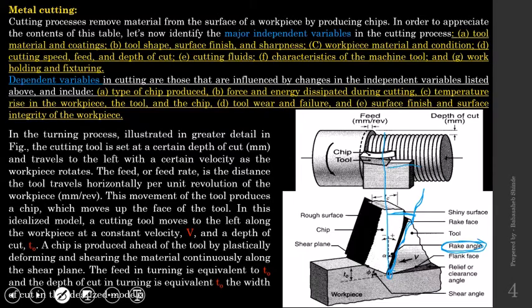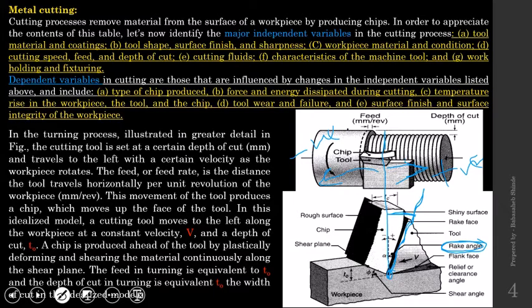When it is on the right hand side of the vertical, the angle is positive, and when it is on the left hand side of the vertical, the angle is negative. This one we have discussed while talking about the grinding process.